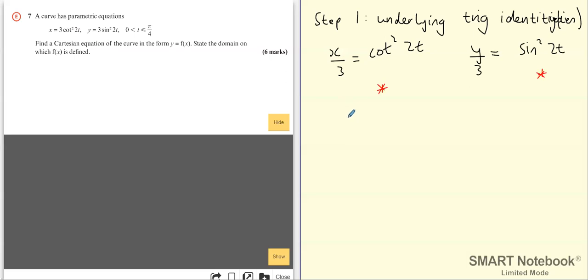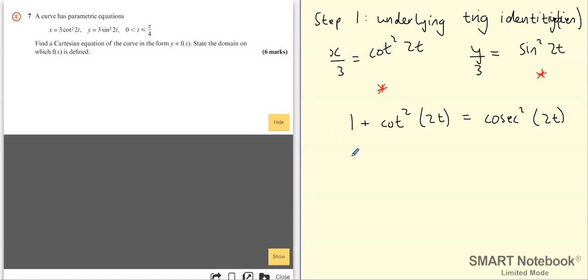So you should be thinking 1 plus cot squared 2t equals cosec squared 2t. Yeah, that's good. In this case, we replace x with t. That's all we've done. Okay, so that's very good. Now, cot squared is fine.